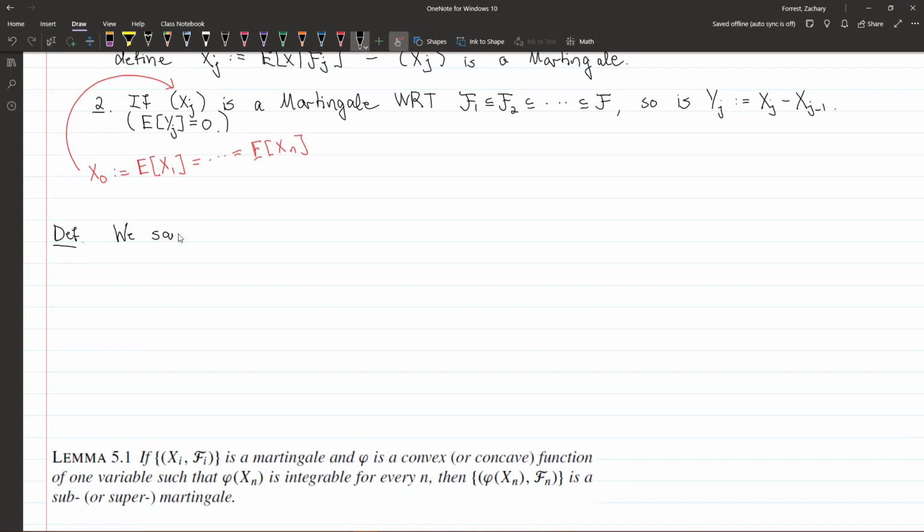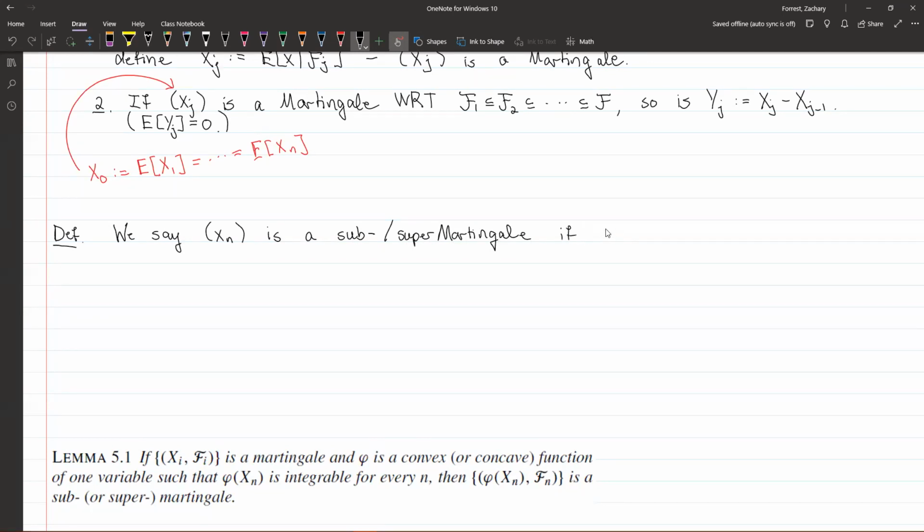We say xn or xj, whatever you want to call it, is a sub or a super martingale. Actually, I'm going to capitalize martingale in here just because it looks so much fun to have capitalization in the middle of a word.